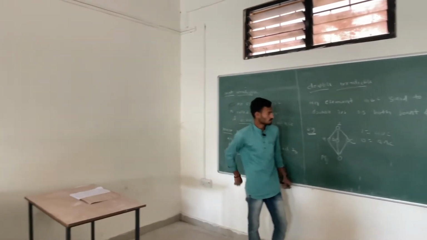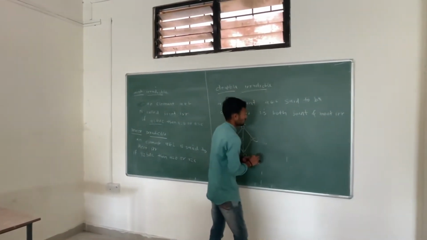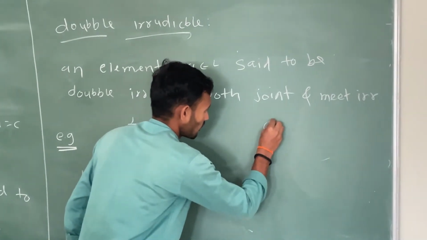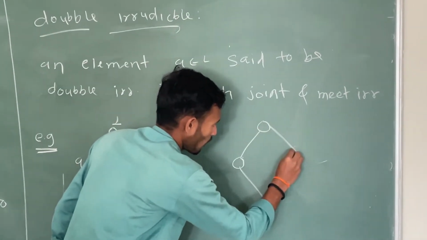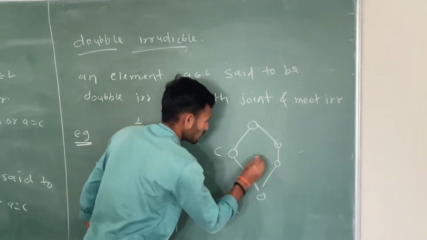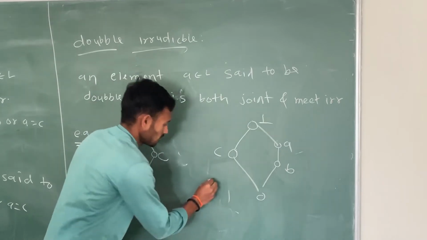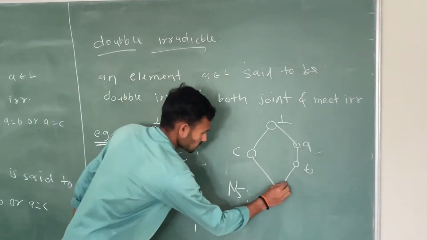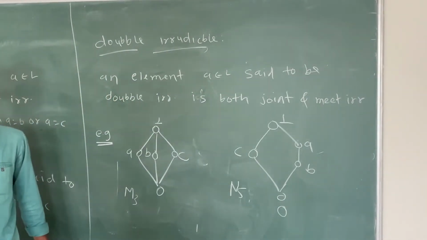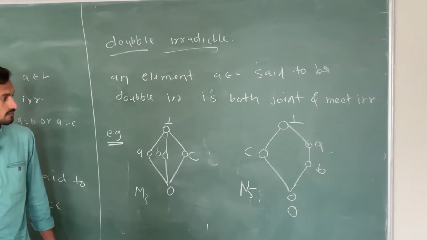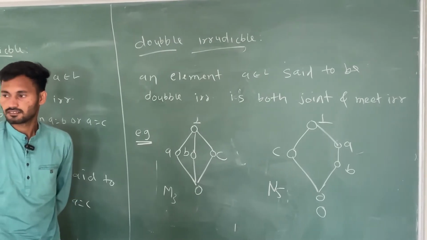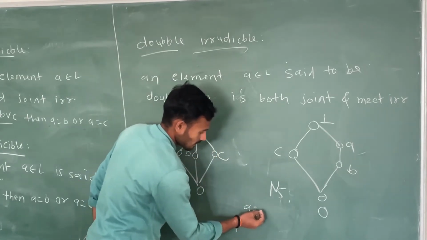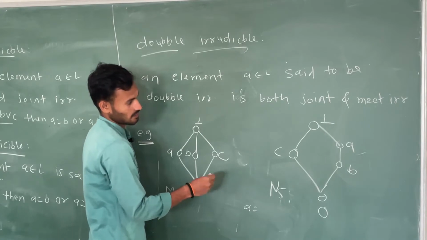Draw that quickly. N5, the pentagon. On one side you will have 2 elements. Here also you can see that you cannot write, for example, A, in that diagram A, B, C, as a join of two distinct elements.